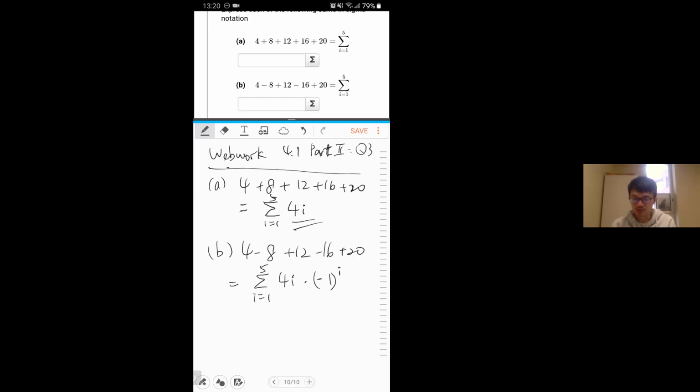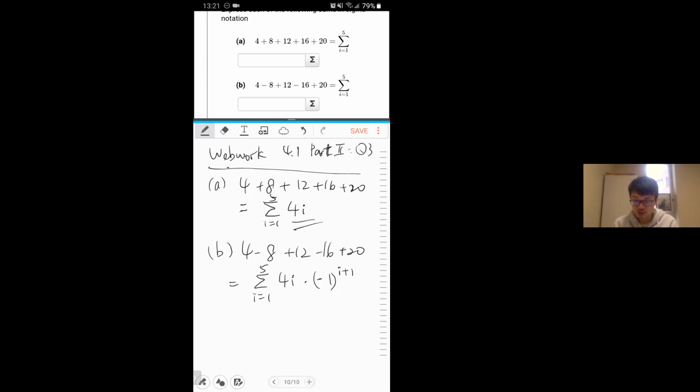When you plug in I equals 1, you get 4 times 1, which is 4. Negative 1 to the first should be negative 1. When you multiply these two together, we get negative 4, which is not the same as 4. So I is not correct. What you can do is try I plus 1.